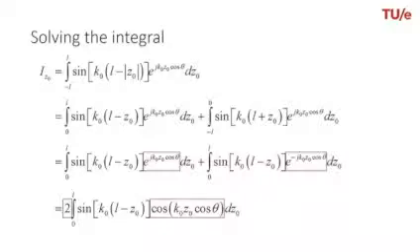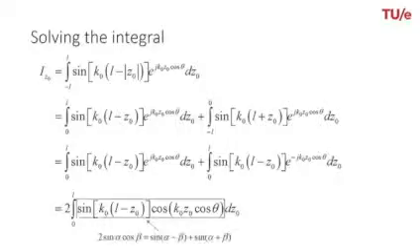So this integral is easy to solve because we can use the general property that 2 times sine alpha times cosine beta can be written as the sine of alpha minus beta plus the sine of alpha plus beta. So we can split it in two integrals again, and that's just a simple integral over a sine function.